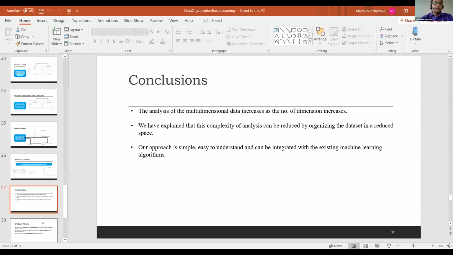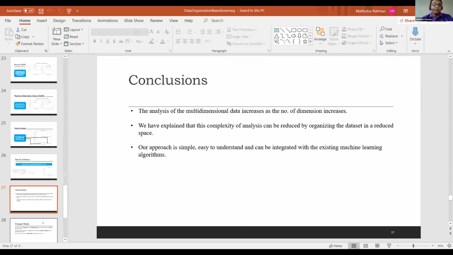So that's all for today's presentation. Conclusion: the complexity of analysis of multidimensional data increases as the number of dimensions increases. We have explained that this complexity of analysis can be reduced by organizing the dataset in a reduced space.